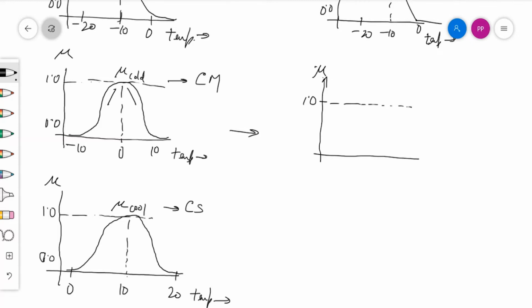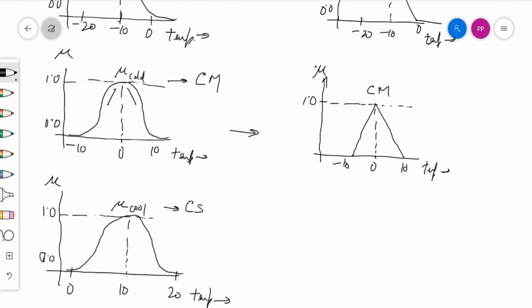So we have a triangular shape. We define the membership function very beautifully as capital lambda for this. So let us first draw the fuzzy, then we will go for the specific membership function. So this is from -10, 0 to 10. Here your temperature is growing, and this is cold medium.